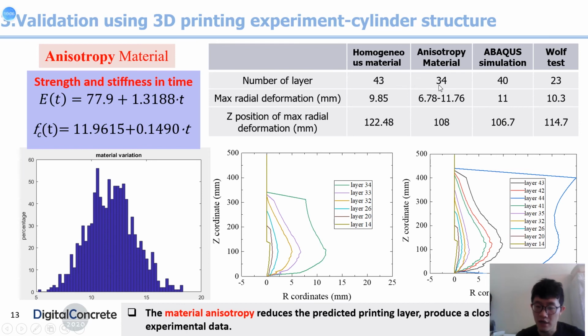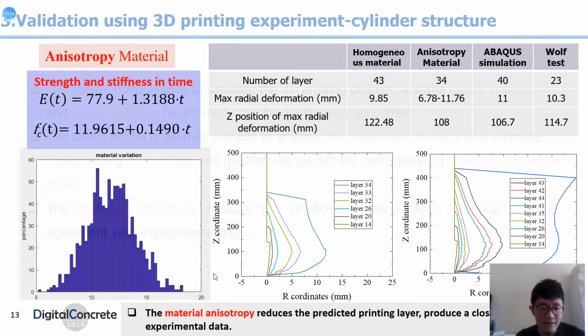It shows a closer agreement to the experimental data, and the maximum radial deformation and its position almost stay the same as the experimental data. So from this part, we can conclude that the lattice model can consider the material anisotropy and produce predicted printing layers in closer agreement with the experimental data.